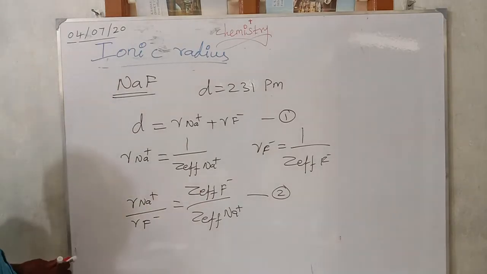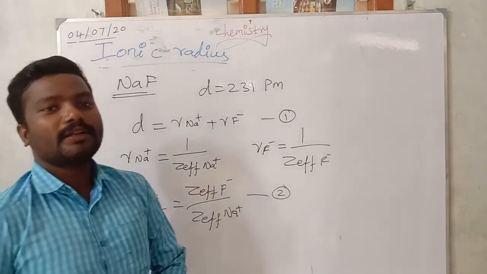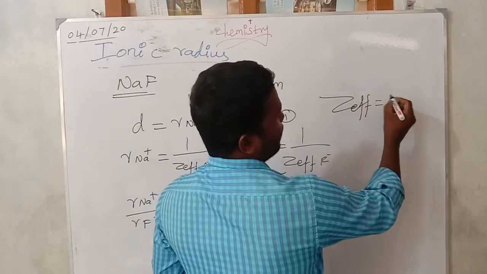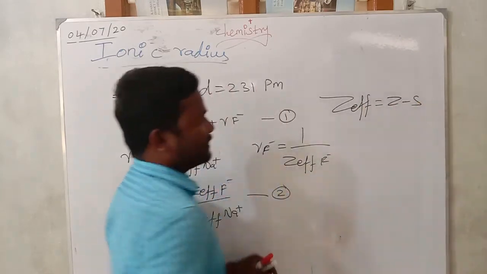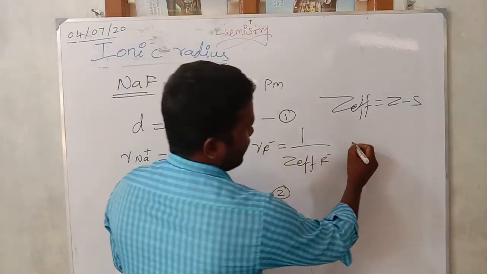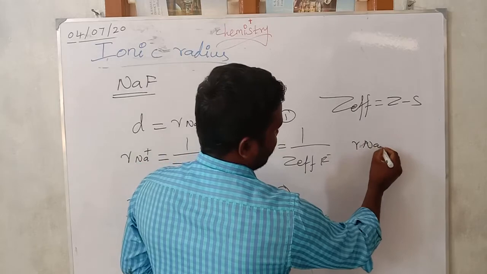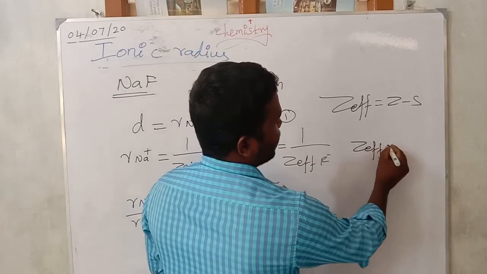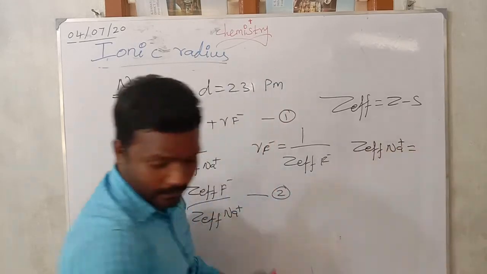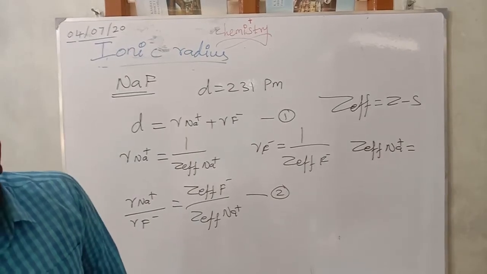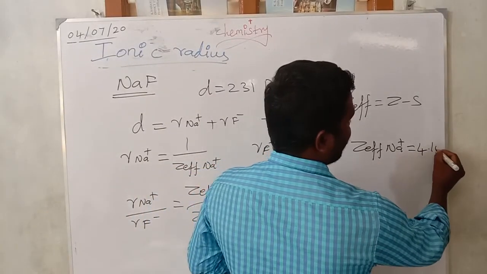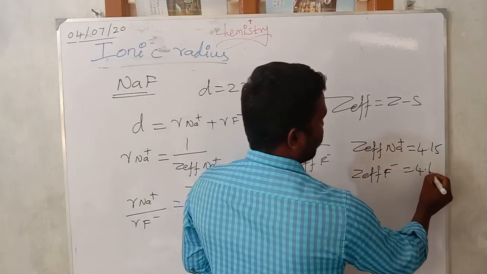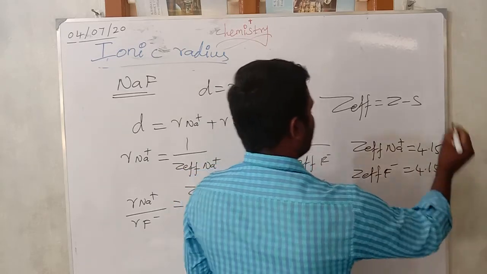Here is one more piece of information, my dear students. The effective nuclear charge of fluorine and sodium we must also know by using this formula: effective nuclear charge of cation or anion is Z minus S. By using that formula, they already found the effective nuclear charge of Na plus is 4.15. The same way, for fluorine minus, 4.15.